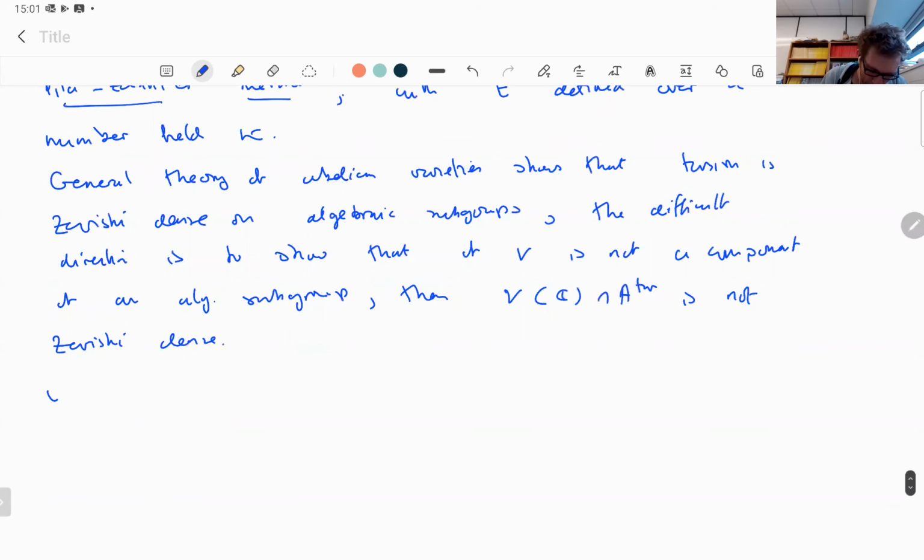Okay, so we write [n] like this for multiplication by n. So the multiplication by n map on E or A. So A from now on is E squared.